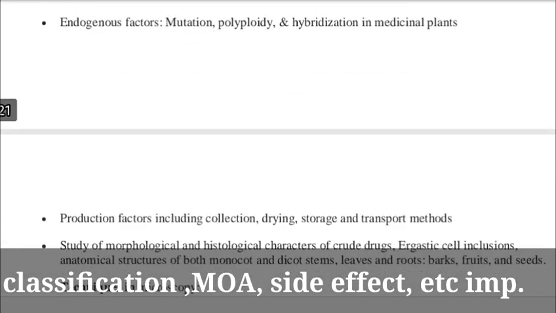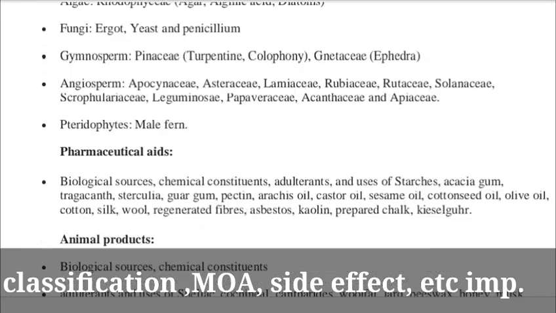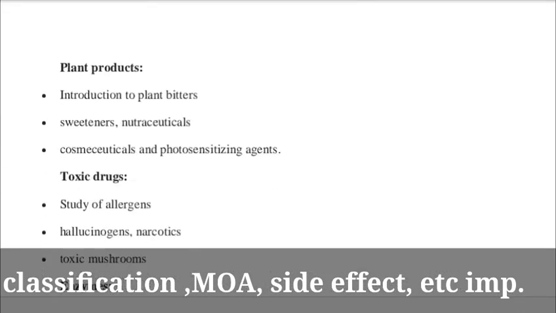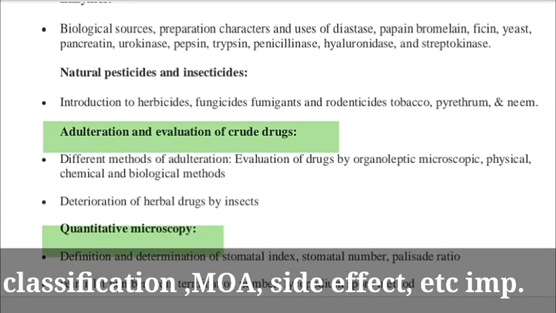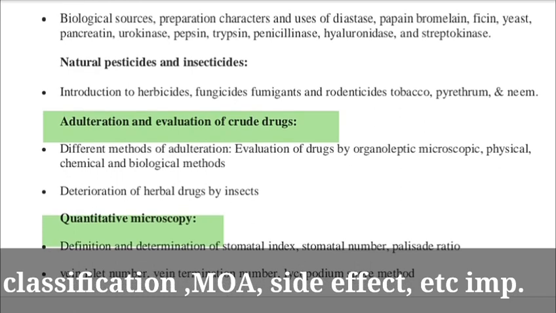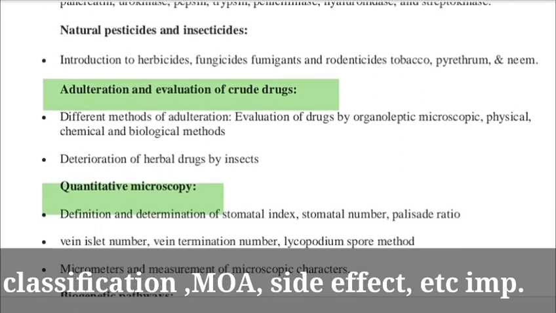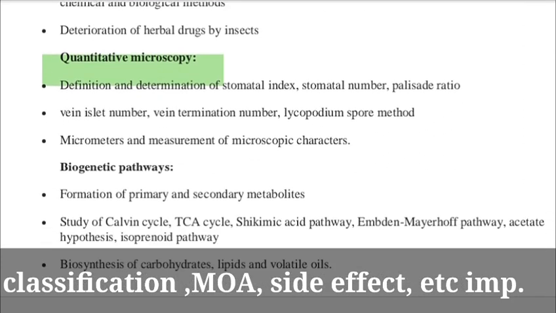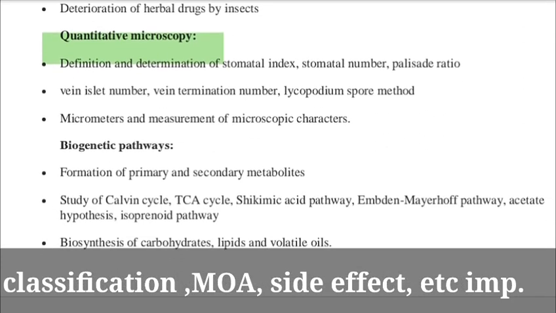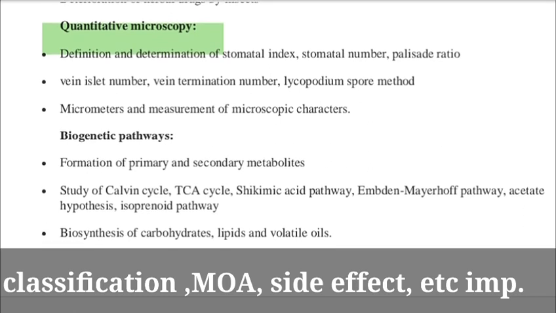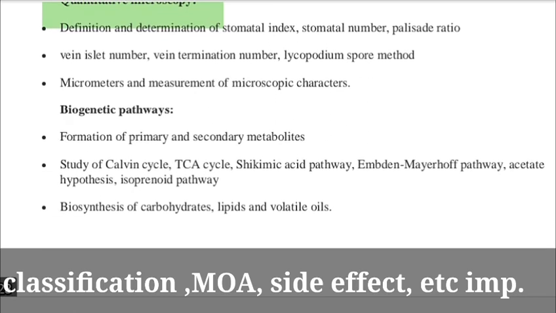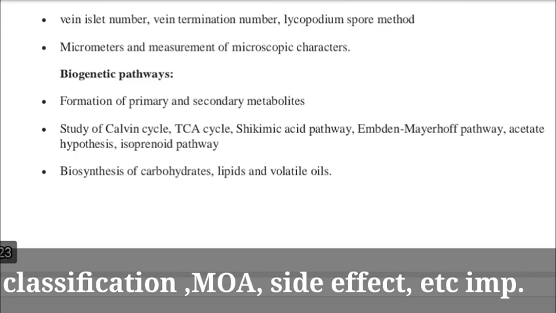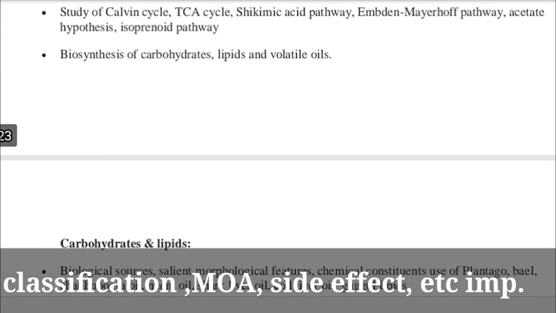In pharmacognosy, you have to focus majorly on 2 areas, that is adulterations and evaluation of crude drugs, and quantitative microscopy, like you can see the stomatal number and microscopic values, like type of stomata present, calcium oxalate crystals present, that you have to focus.